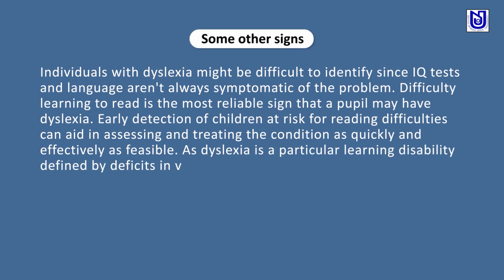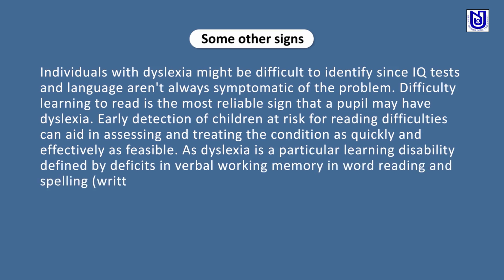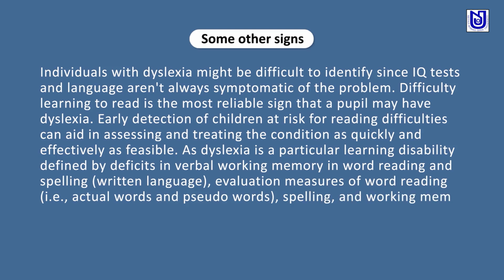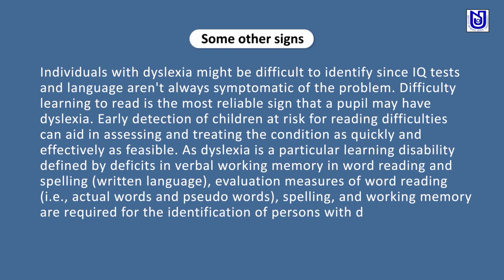Dyslexia is a particular learning disability defined by deficits in verbal working memory, in word reading and spelling. Evaluation measures of word reading, that is actual words and pseudo words, spelling, as I already mentioned, and working memory are required for the identification of persons with dyslexia.